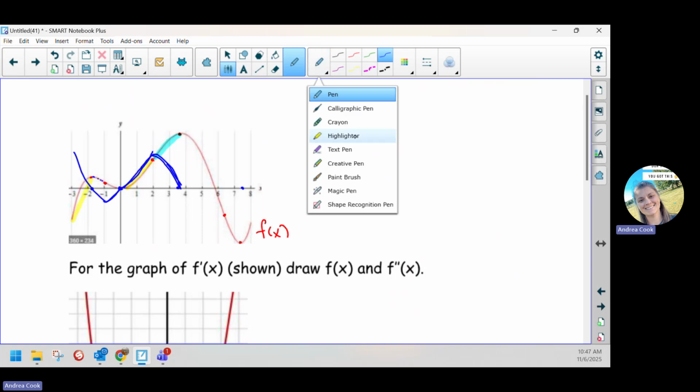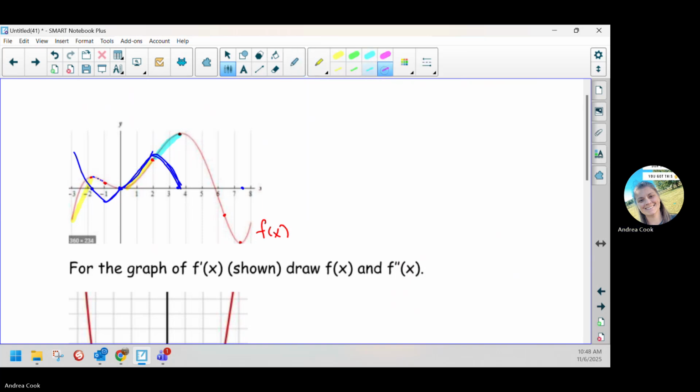And my next section here, I am decreasing and concave down. So my derivative is going to be under the x-axis and decreasing. Then the next little section here, I am still decreasing, but now I'm concave up.